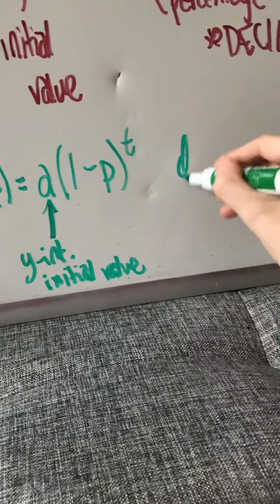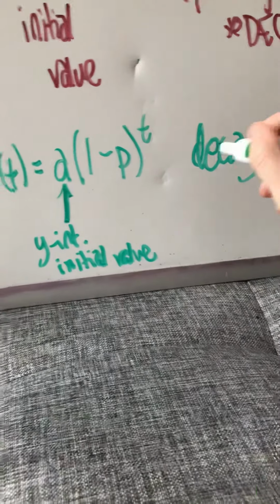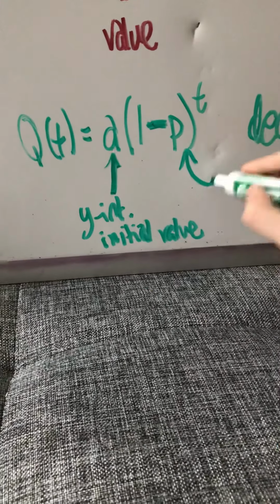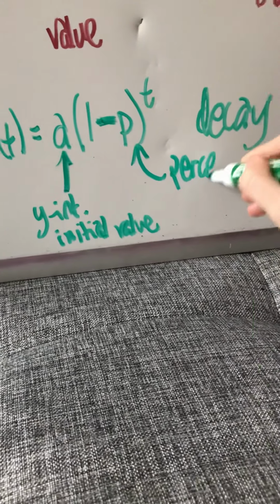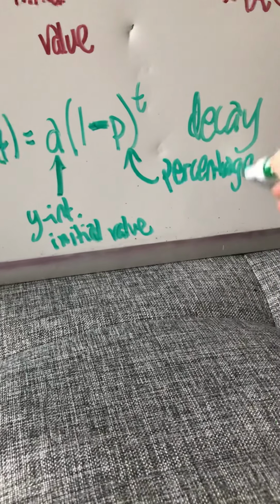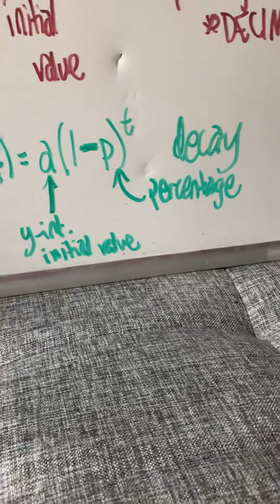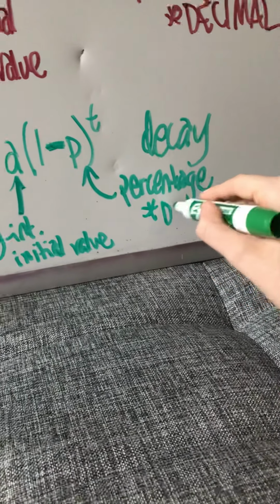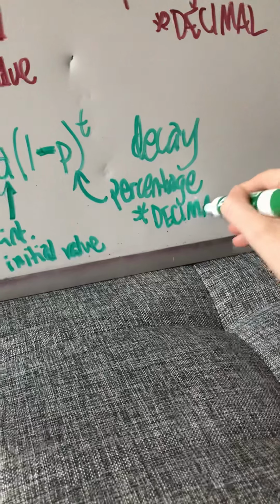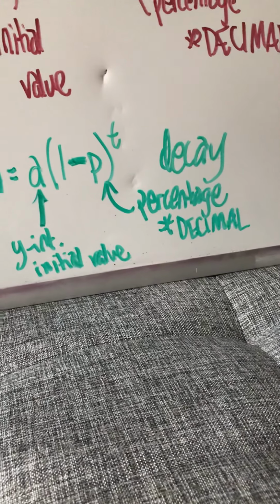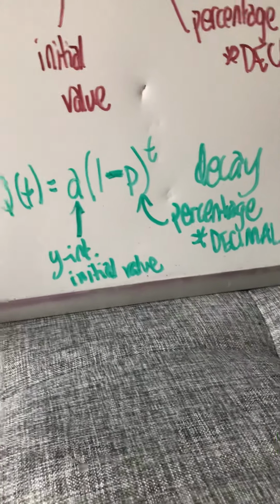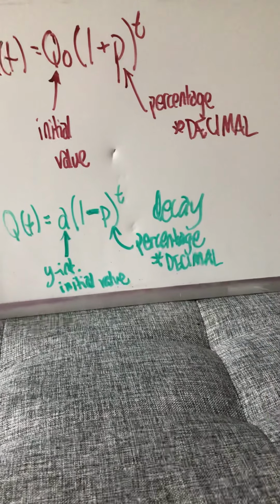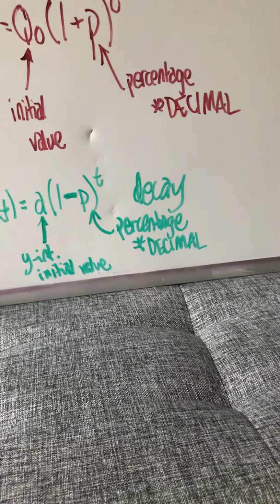And since it's a decay or a decrease, I'm subtracting: 1 minus my percentage. And Juan, you are absolutely right that this still must be a decimal every single time. You must make that percentage into a decimal. And these are the 2 main equations that you're going to need in order to solve these examples here.